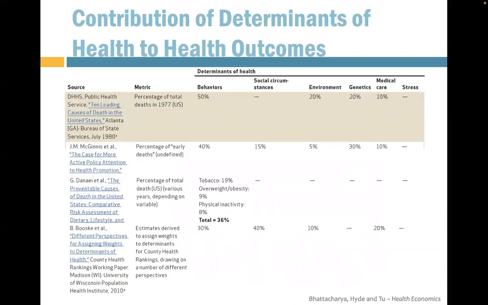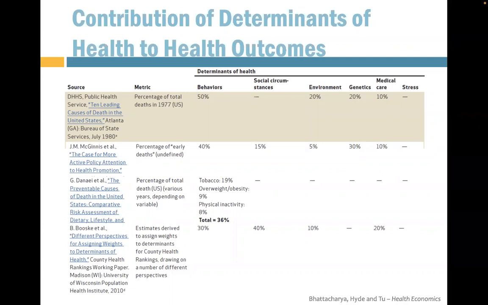The next one is some review studies that look at determinants of health. It seems like no one has absolute answers. The answers here are more of a comparison, but people can see that the number one factor is behaviors.